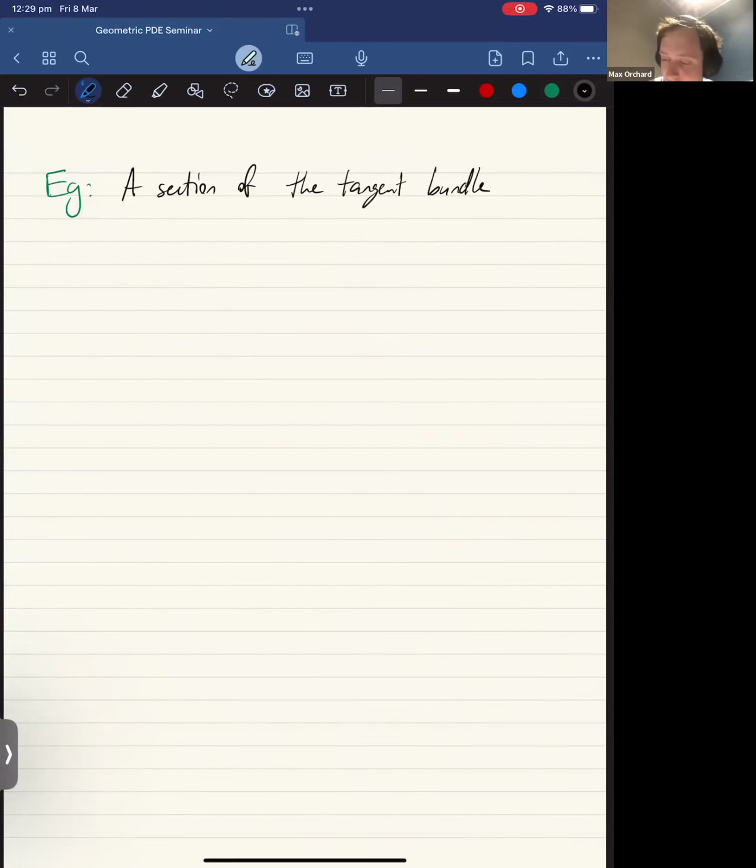We get a vector field. Now, I will say that in general, it may be impossible to define a section globally on a fiber bundle. And we'll see an example of this later.